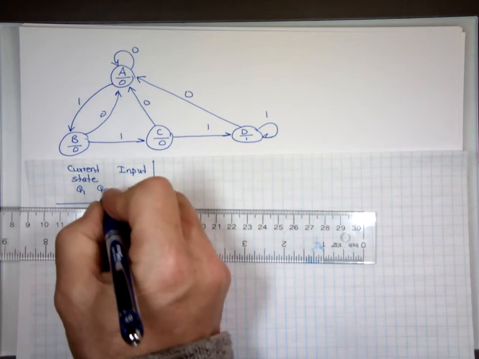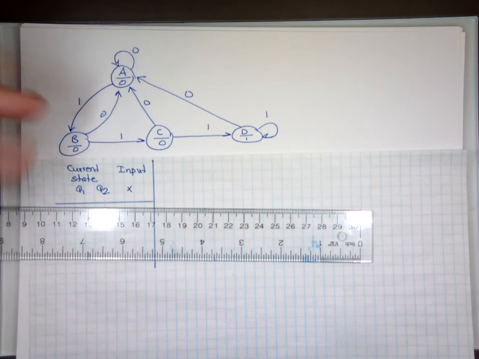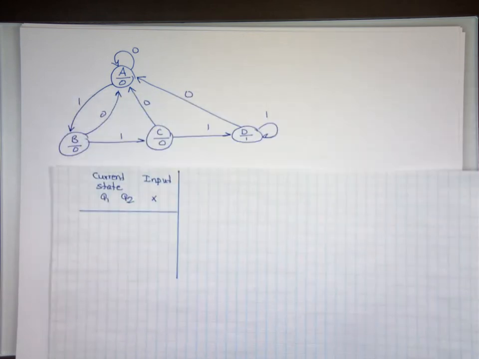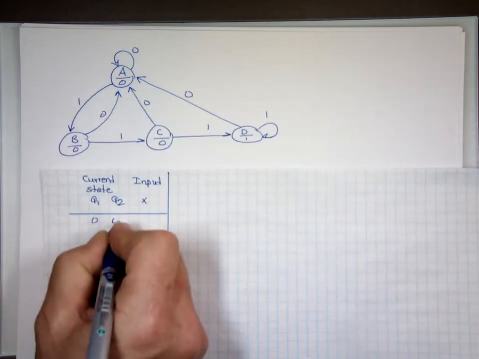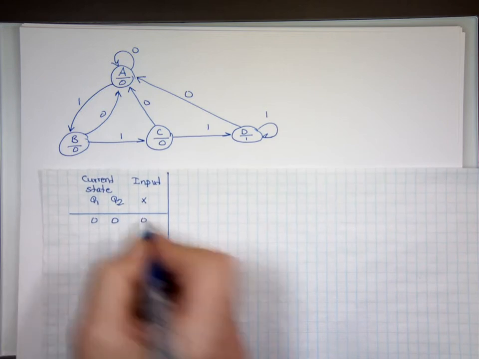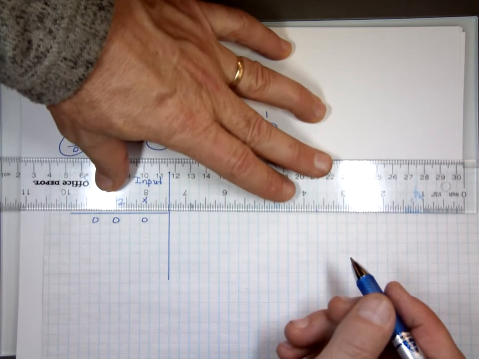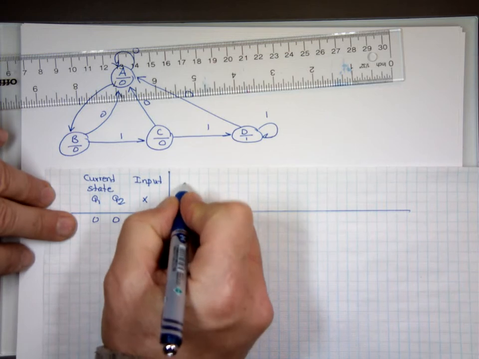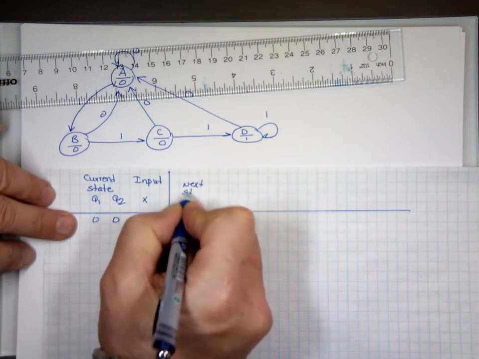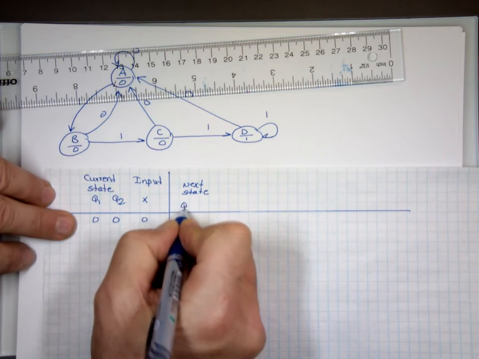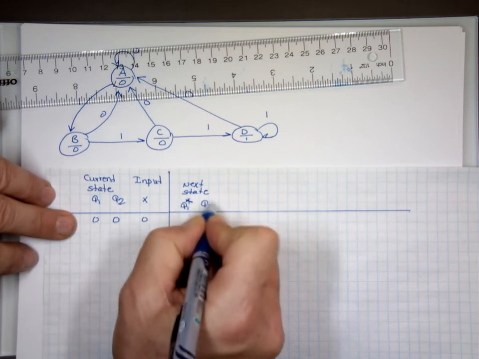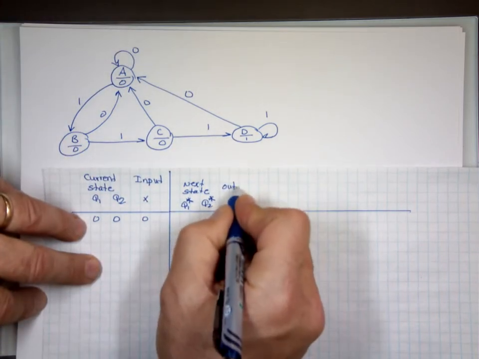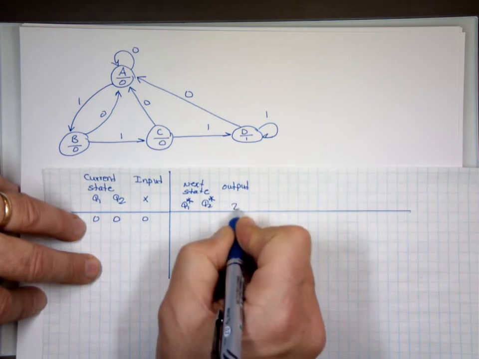I can call them Q1, Q2, but really Q1, Q2, as long as I don't put Q3. So 0, 0. If I'm at state 0, 0, and I put a 0. While we're at it, let's finish where we're going to go. So this is the next state, which is Q1 star, Q2 star. We're also going to have the output. I don't know why I always call my output Z. Maybe it has something to do with my name.